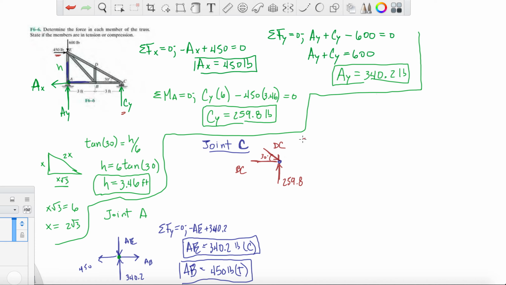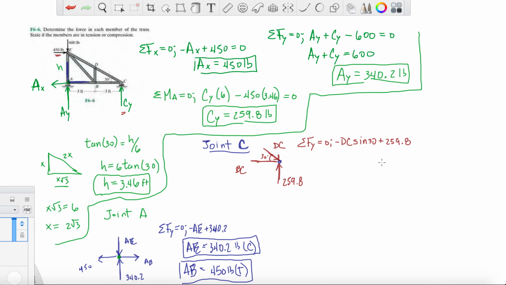So then if we do this in the Y direction, we're going to get minus DC. The DCY component is going to be DC sine 30, and then plus 259.8.